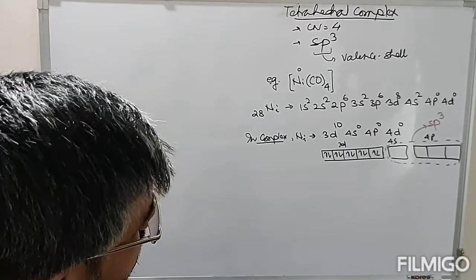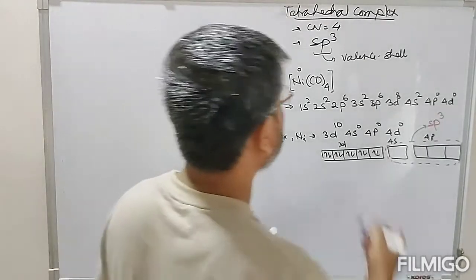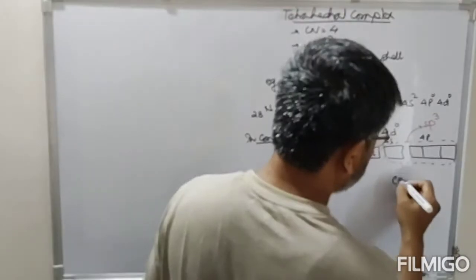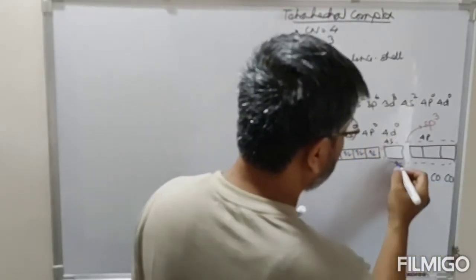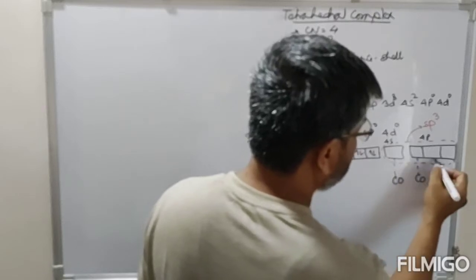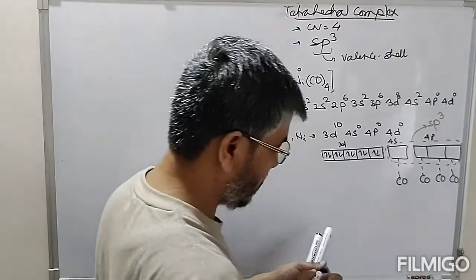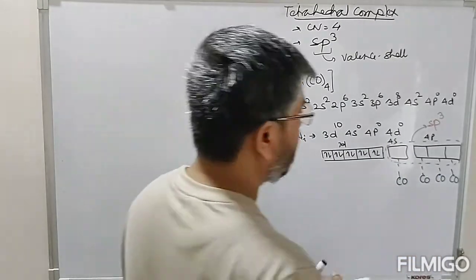Now these sp3 hybrid orbitals form bonds with carbon monoxide. Each carbon monoxide transfers a pair of electrons to the vacant hybrid orbital.